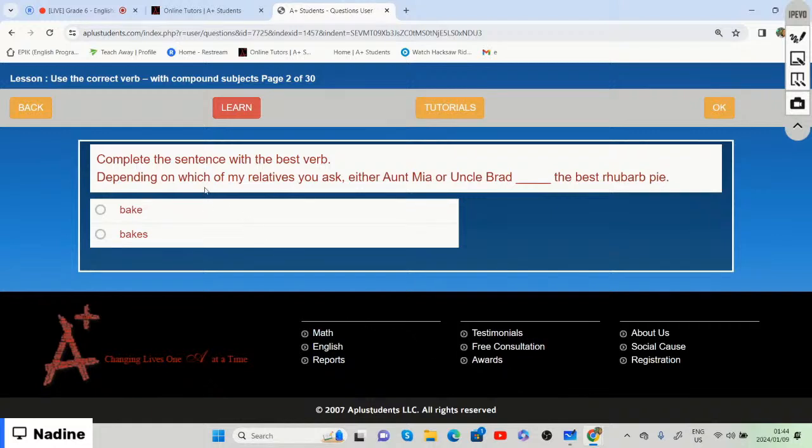Now we need to complete the sentence with the best verb. Depending on which of my relatives you ask, either Aunt Mia or Uncle Brad, so it's either one of them, do we say bake the best rhubarb pie or bakes the best rhubarb pie? We need to choose the correct one.